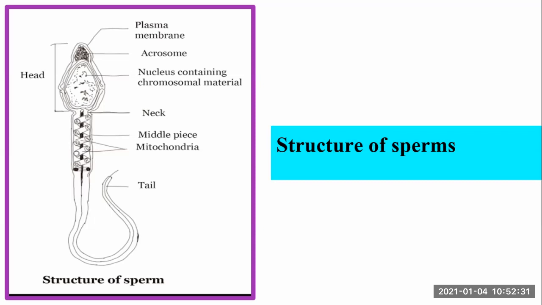Then we have the nucleus. Just now, as I told you, it has the haploid nucleus, with the chromosomal material. Then the neck portion, the middle piece and the mitochondria you can see, and the last portion which looks like a flagellum is the tail part. So this is the structure of the sperm.